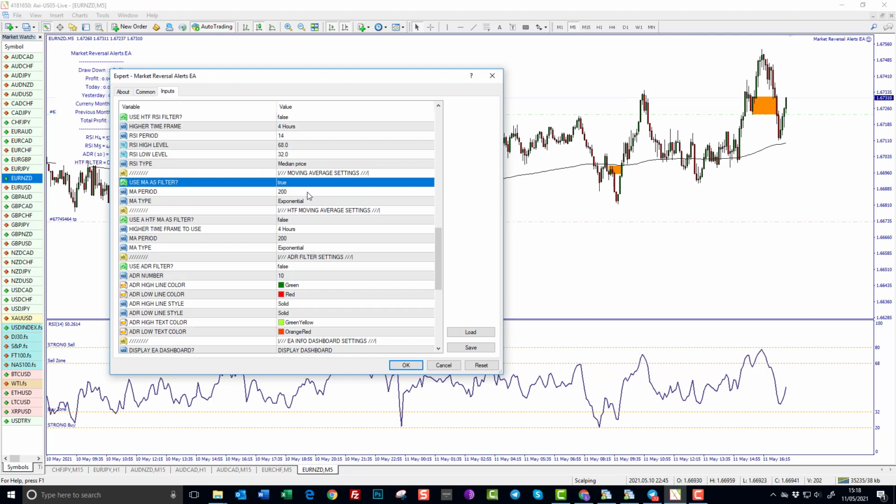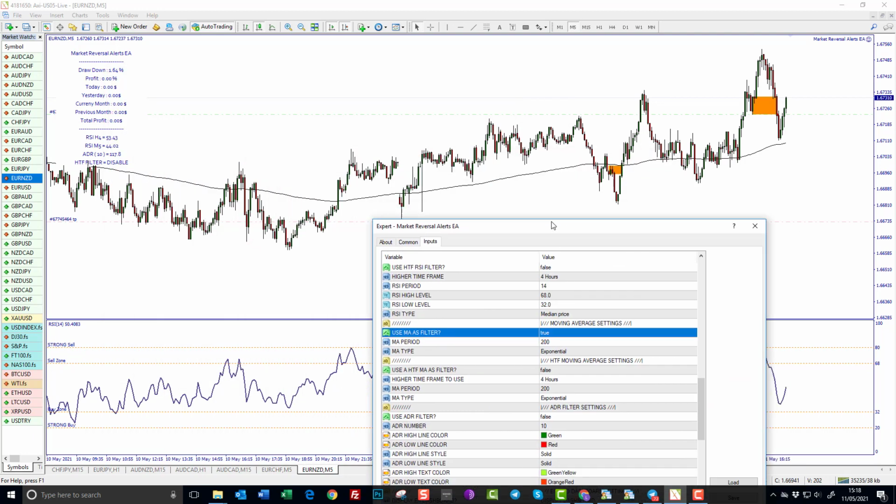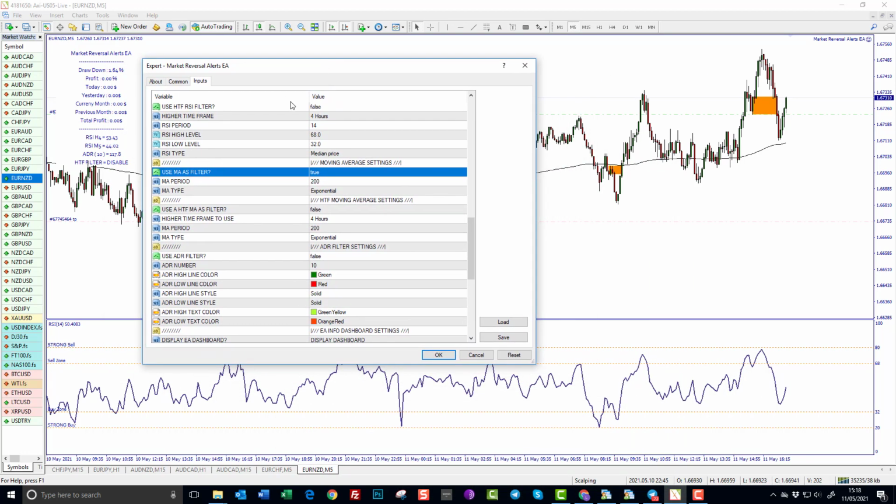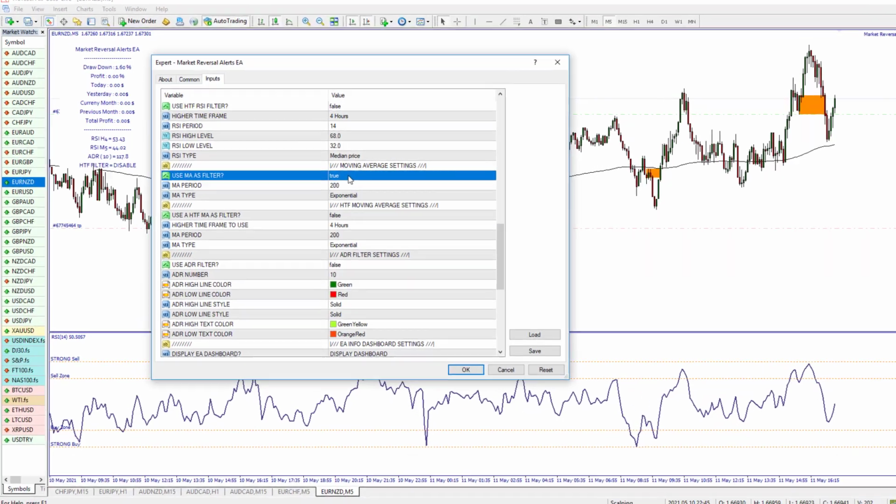for trend direction. A lot of people like to use the 200 moving average as a directional bias, for example, and what the EA will do is just take trades in line with the current moving average. You also have a higher time frame moving average setting as well.